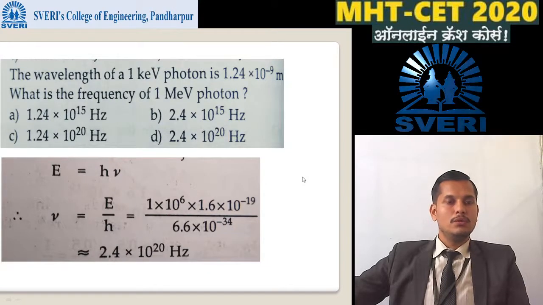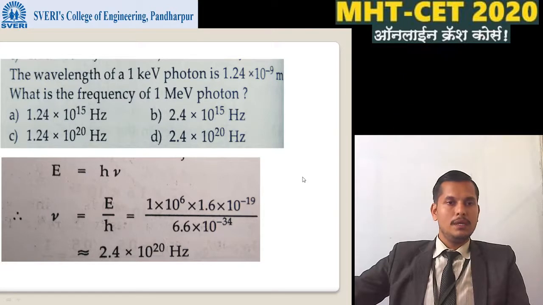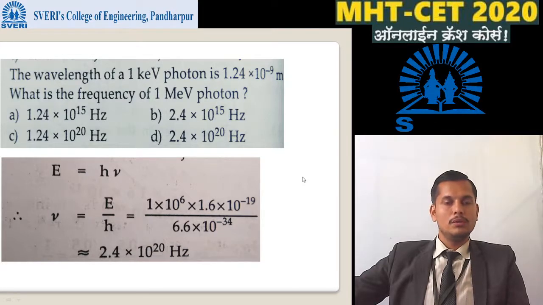The wavelength of a 1 kilo electron volt photon is 1.24 into 10 raised to minus 9 meter. What is the frequency of a 1 million electron volt photon?